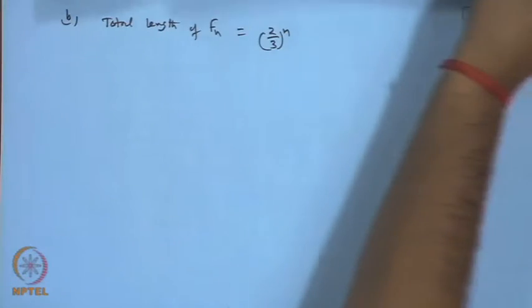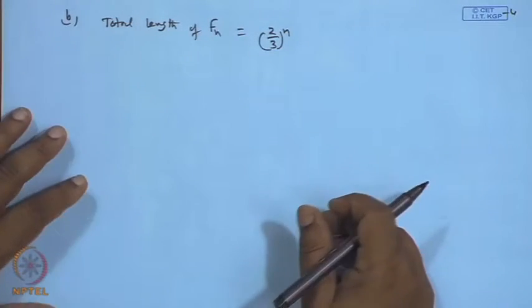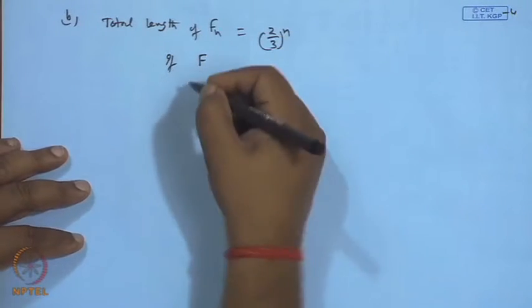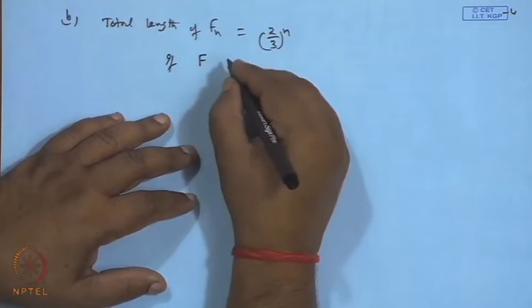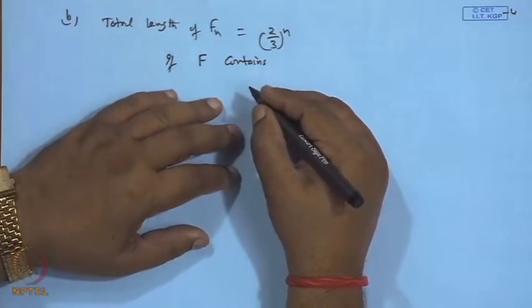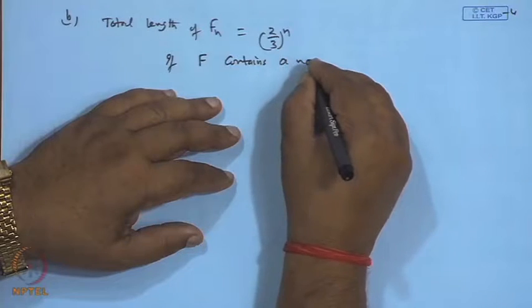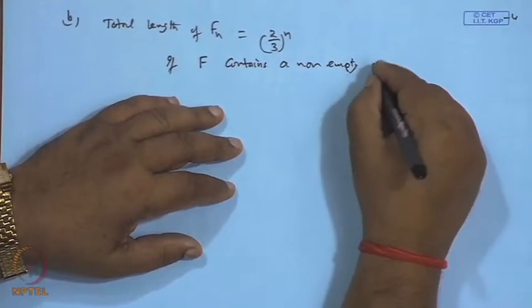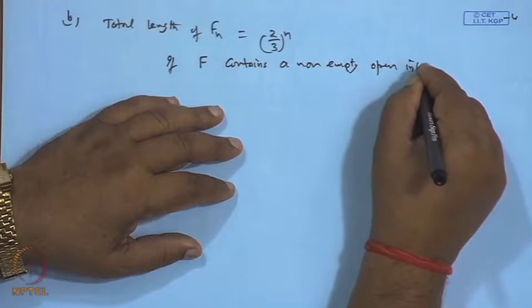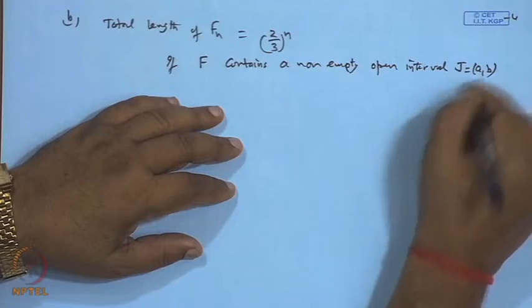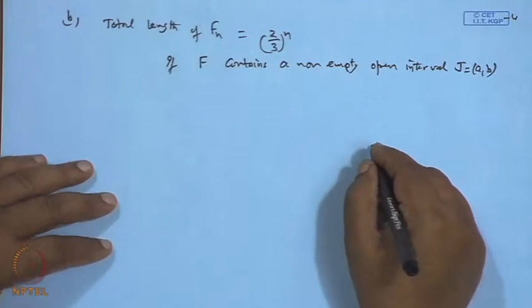So, in general, suppose F contains a non-empty open interval J, say (a, b).